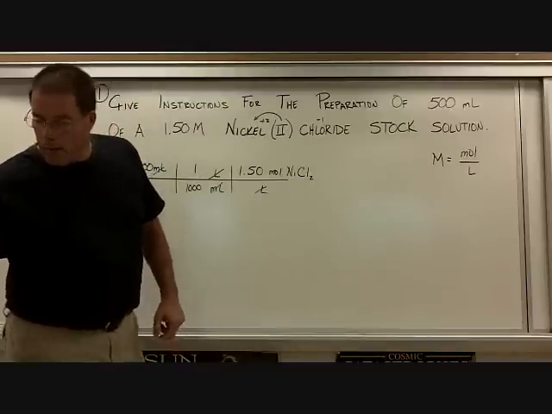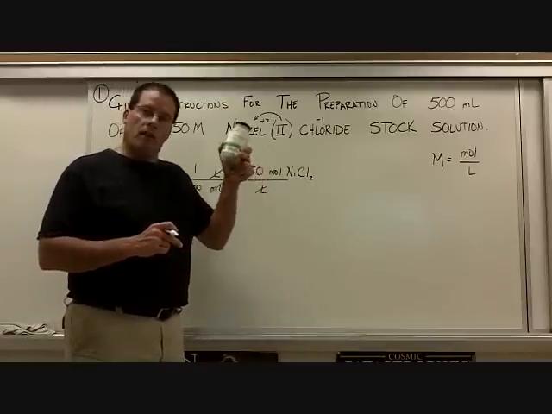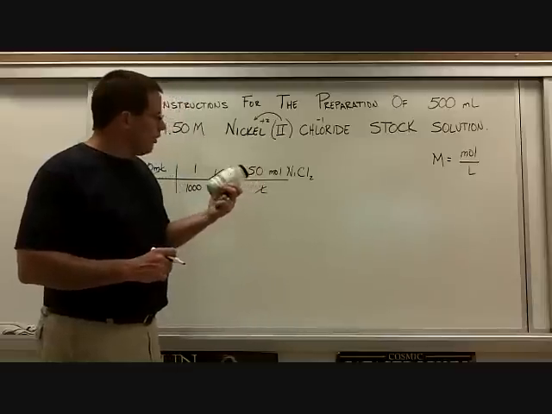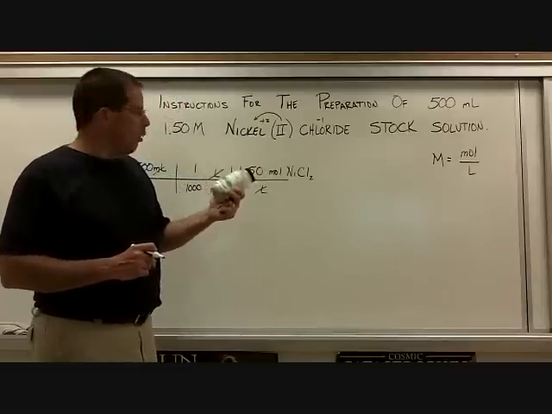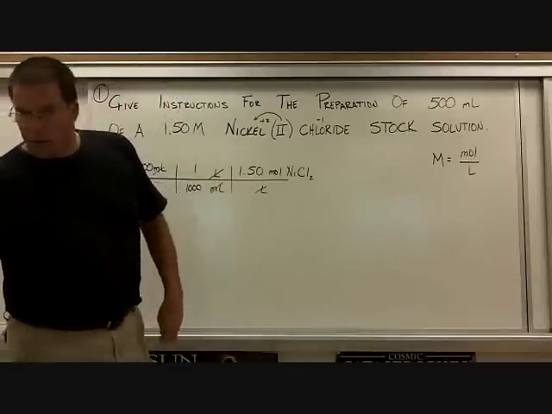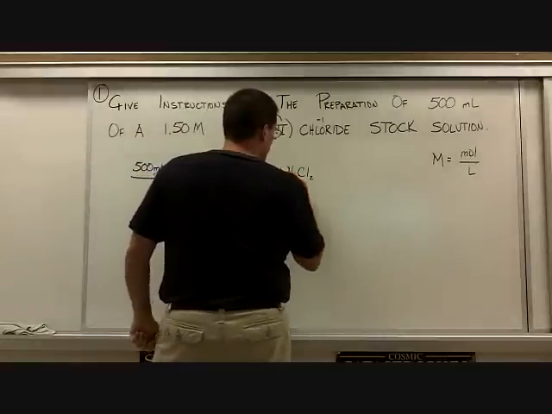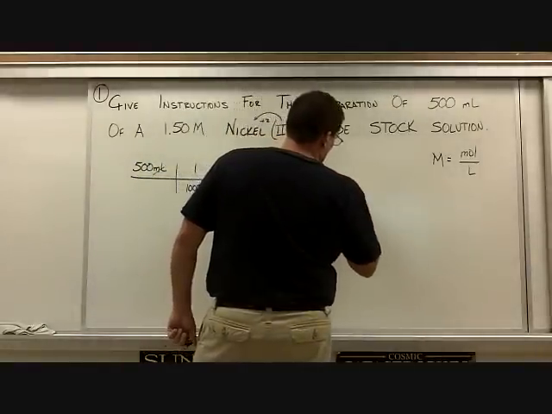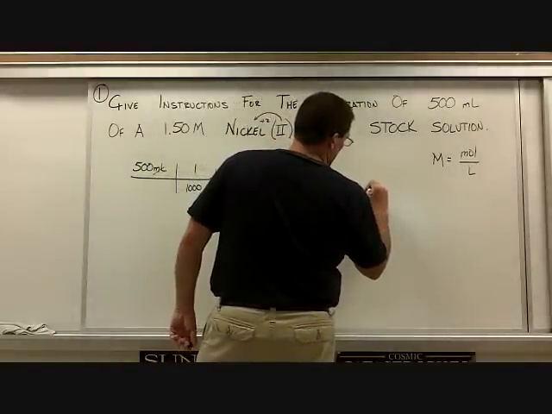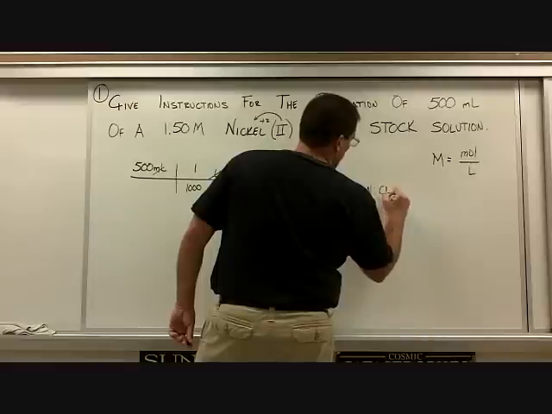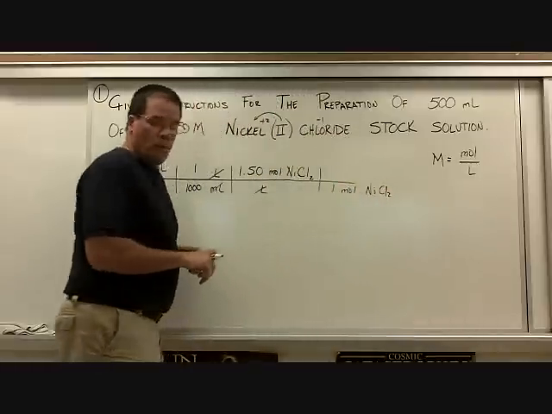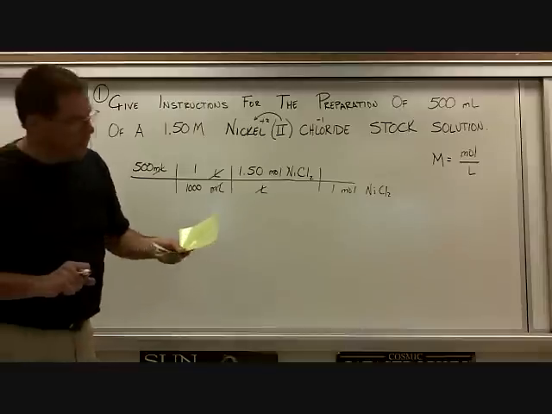I don't know how to measure moles, so I've got to do one more conversion. Since my balance doesn't measure moles, it measures grams. So I need to do one more conversion. I'm going to convert these moles into grams. And that's nickel 2 chloride. Now, I don't know the molar mass of those, so let's see.